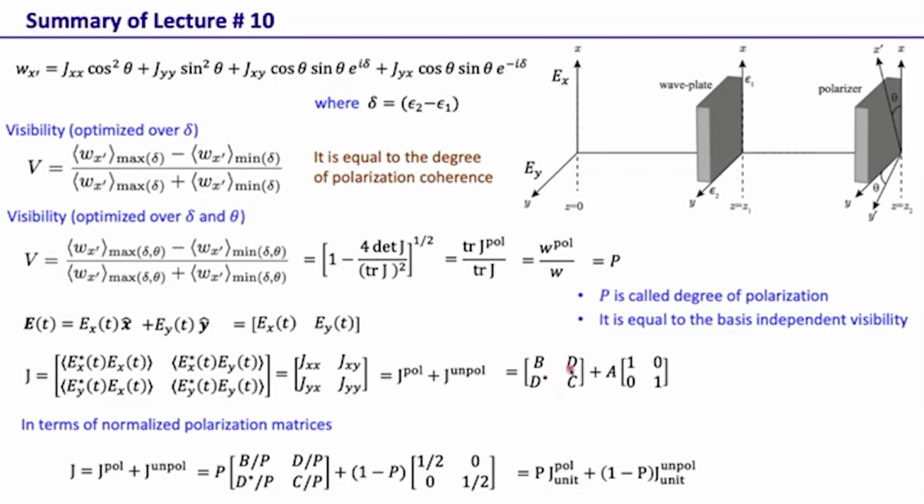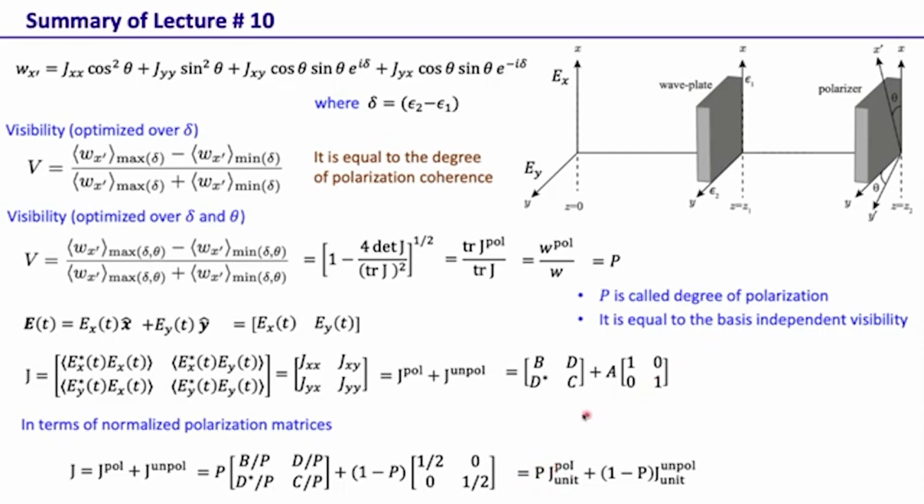So in that case, B C D D star can be written as all divided by P, and then this P comes out, and then this thing was 1 minus P, and this identity matrix. If you write it using these matrices, the polarized and unpolarized matrix that have unit trace, then the coefficient that comes out in front of this polarized part is the degree of polarization or the visibility.